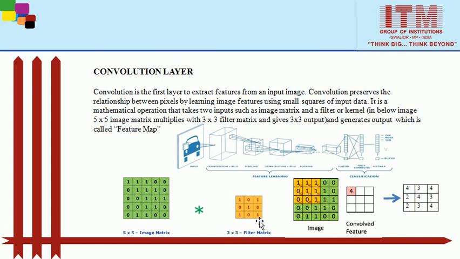So when we put this filter on the pixelated image, it gives you this kind of convolved feature, which becomes the output after the convolution layer. This is the example of how it extracts the features of a pixelated image one by one, and this is the matrix which it has formed.